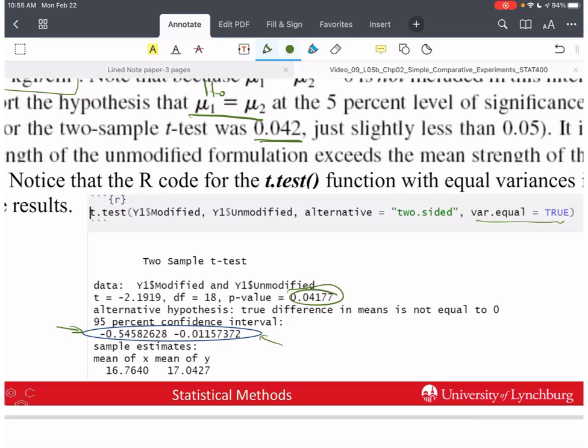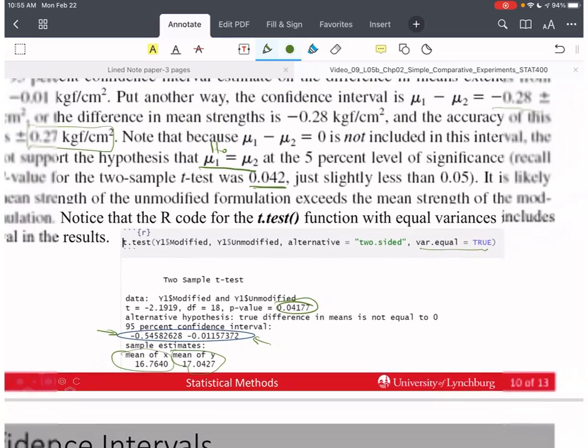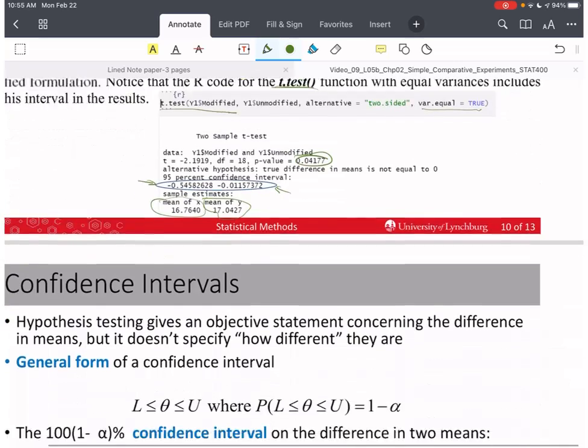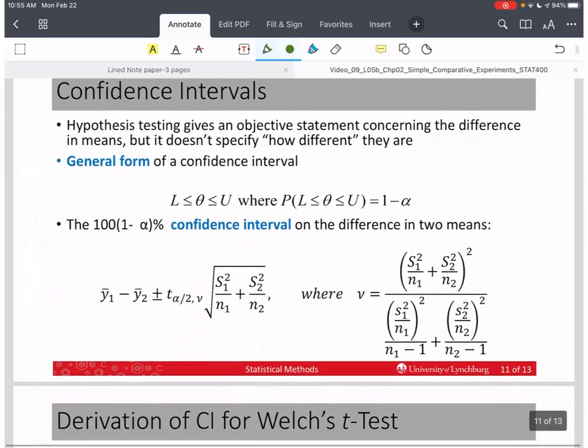So these are given to us. And this is the mean of x, and this is the mean of y. Unfortunately, R doesn't always line up things the best way, but that's why we retype it. Okay, and so this was the code for the t.test function, which you see here.